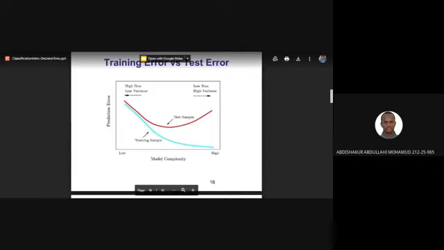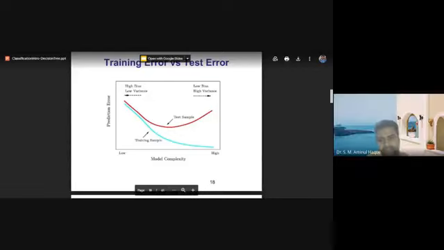Model complexity: when model complexity is low, is it overfitting or underfitting? Yes, then it is underfitting. Model complexity low, it's underfitting.